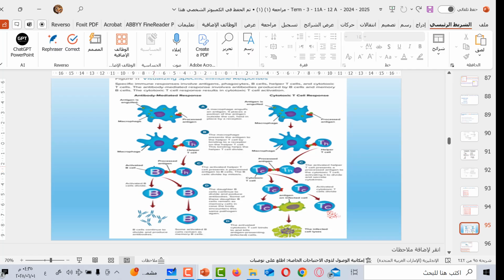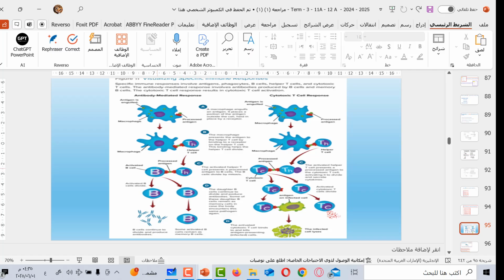In the last step, after activating and dividing, every one from B cell and T cell gives us two kinds. B cell will give us a memory B cell to remind us of this pathogen or antigen in the second time and third time like that.